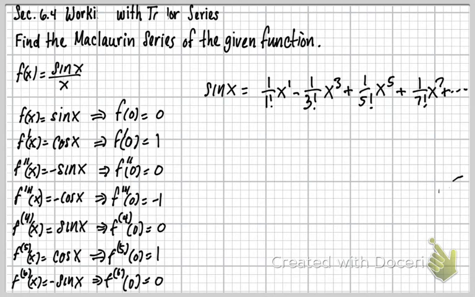So the nth one, let's see if we can do the nth one now. The nth one is going to be plus 1 over, and remember, we're doing odds here. And I wanted to start with the 1 there. So is that going to be 2n plus 1? If I'm starting at 0, that's going to give me the 1 factorial.